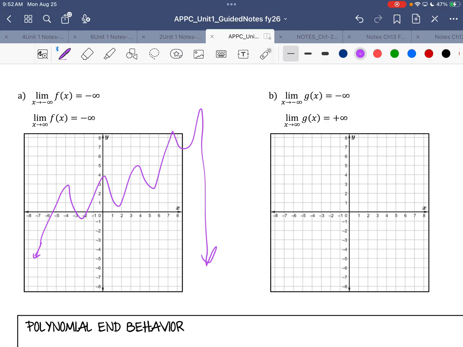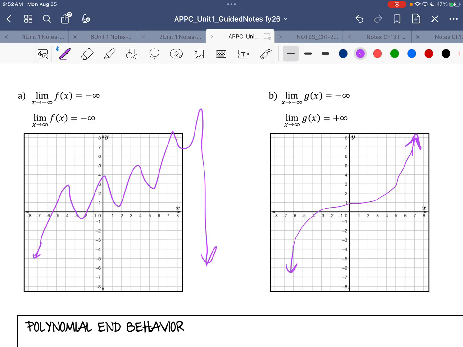Now over here, B, on the left side you should have had going down, right side going up. Again, we're not swooping through and doing that, because that's not a function. It would be so much cooler when we get to polar, we can do stuff like that, but not right now.